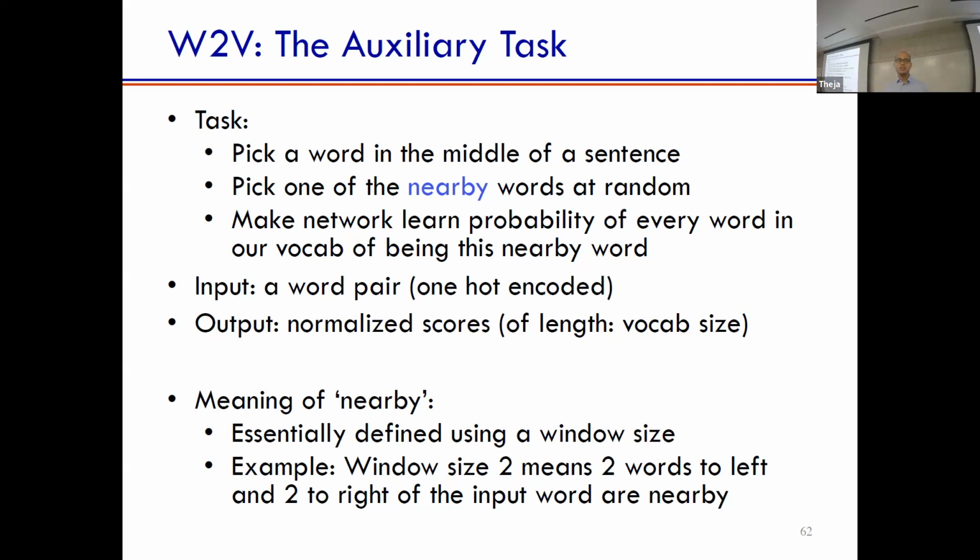Our input in our example is a word pair. And obviously the network produces a distribution of scores on the output. What is the distribution?